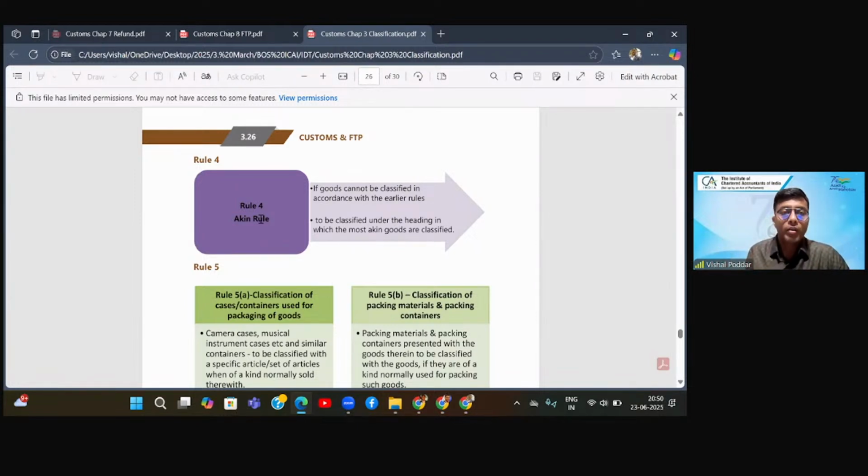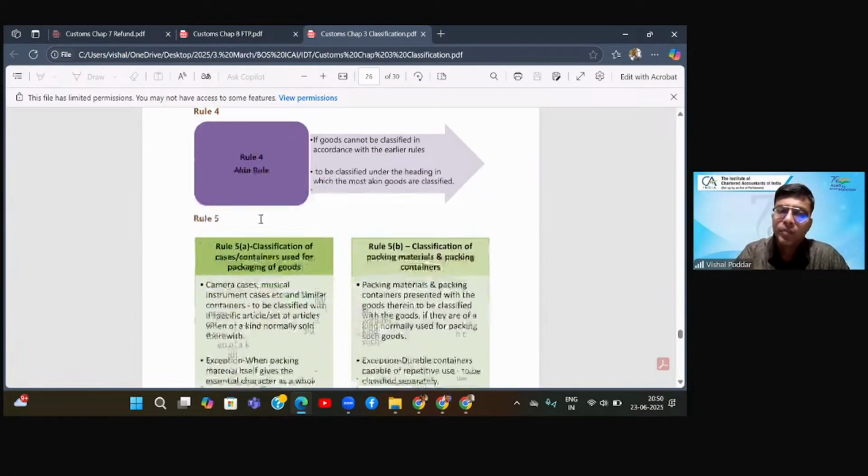We were firstly classifying it as a watch itself, because a smartwatch, even though it is smart, has the basic purpose of being used as a watch. So where the above rules fail, you have to classify it in that chapter, in that heading, which is nearer to your goods. Where specific headings are missing, use this Akin principle.